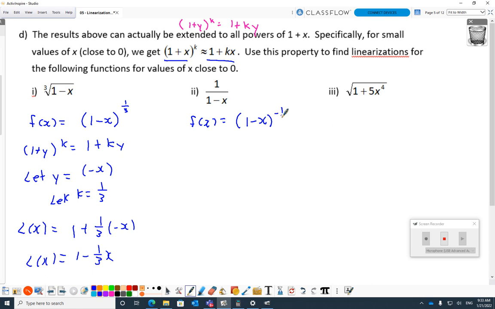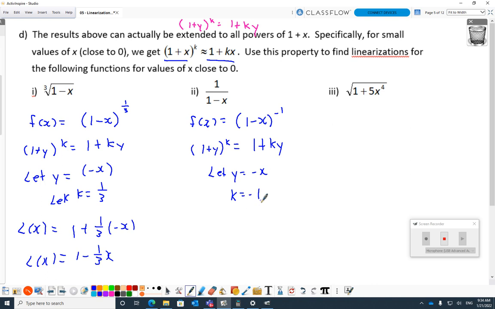Let me write the linearization right under there. It says that if you've got some 1 plus y to the k, you can write that as 1 plus ky. So I'm going to let y equal the negative x that's inside. My y is the negative x. My k is the negative 1, the exponent on the outside.